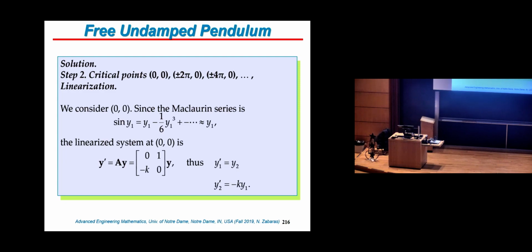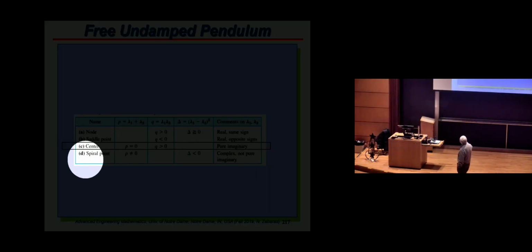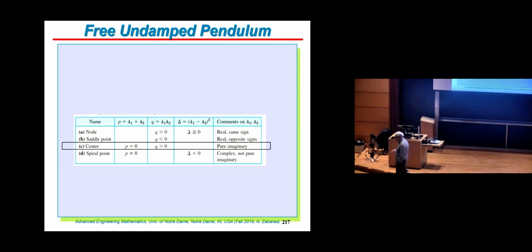So tell me from that picture that we had with the stability conditions, P equal to 0 and Q positive, what do we get? What type of point is the 0, 0 point? Circles, all right? So we get basically circles, and I put this to remind you, we're actually getting that the critical point is a center. It's stable, but it's not asymptotically stable.